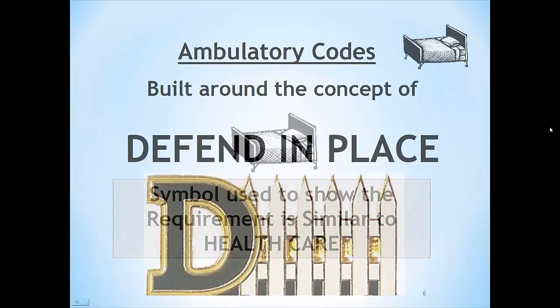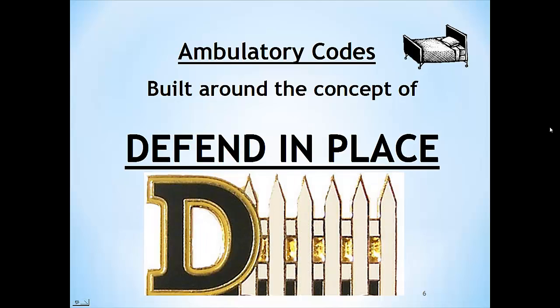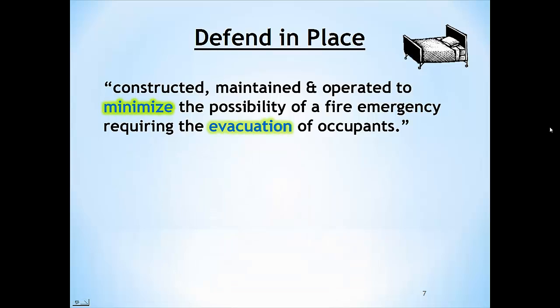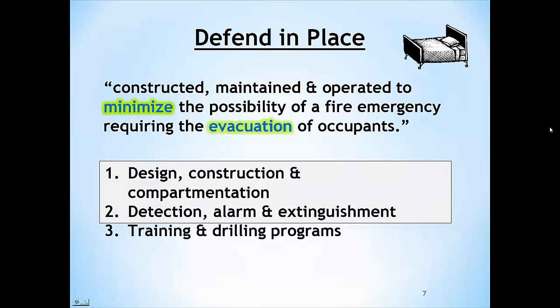Let's get started. Ambulatory care, just like healthcare, is a defend-in-place approach to responding to a fire. You have to minimize evacuation, because defend-in-place means these people are incapable of self-preservation. They may not know how to get out and what to do, so the construction has to be designed so that you can stay in the building.